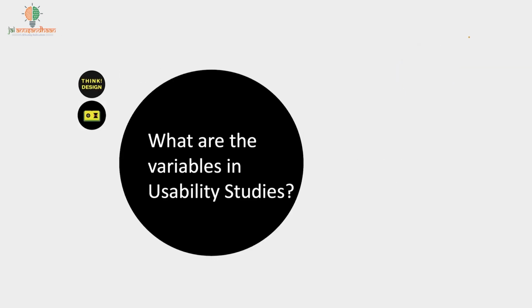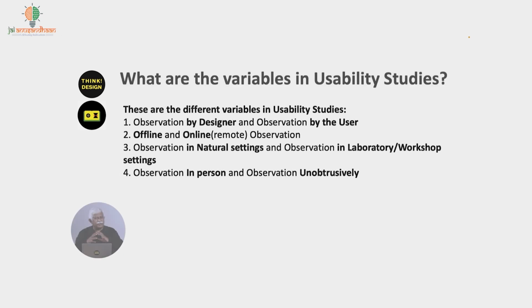Okay, so let's look at the variables in user studies. These are the different variables in user studies. Observation, for example, can be done by looking at how the user is actually using your product or service, or it could be the observation by the user while he is using the product. It could be offline or online.